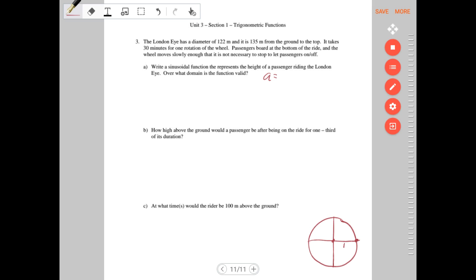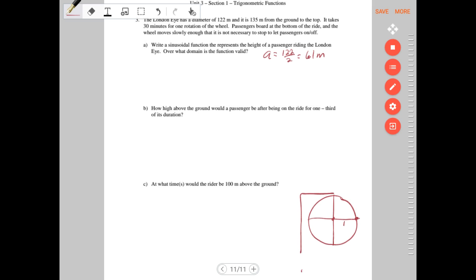If the diameter is 122, then amplitude will be the radius of that circle, which is 122 divided by 2, or 61 meters. Now, it's 135 meters from the ground to the top. So, how far above the ground does that make it then?